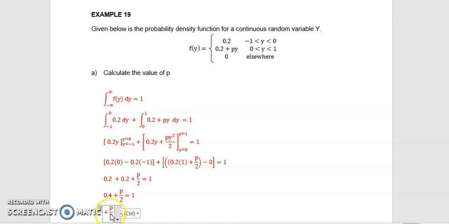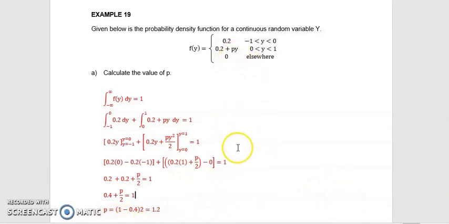So p equals 1 minus 0.4, moving the positive term to the right-hand side as negative. Then multiply by 2, so we get 1.2. So the value of p equals 1.2.